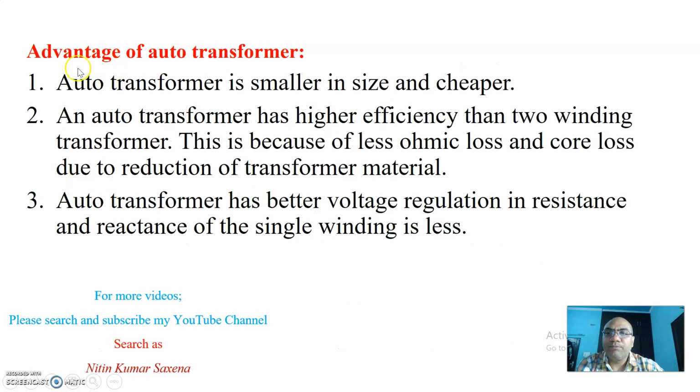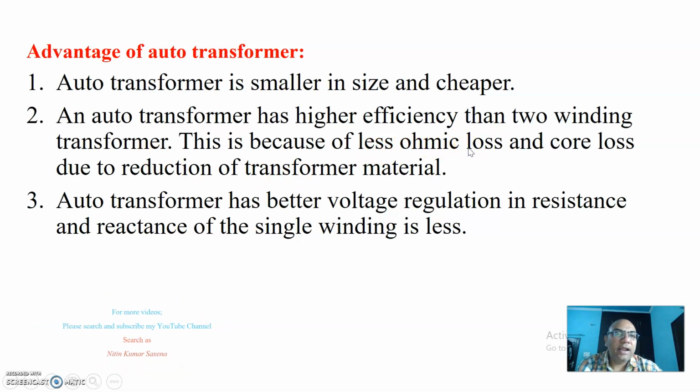Here you see again the advantages of the autotransformer. Number one, an autotransformer is smaller in size and cheaper, as I told you just now. An autotransformer has higher efficiency than a two winding transformer. This is because of less ohmic and core loss due to the reduction of transformer material.